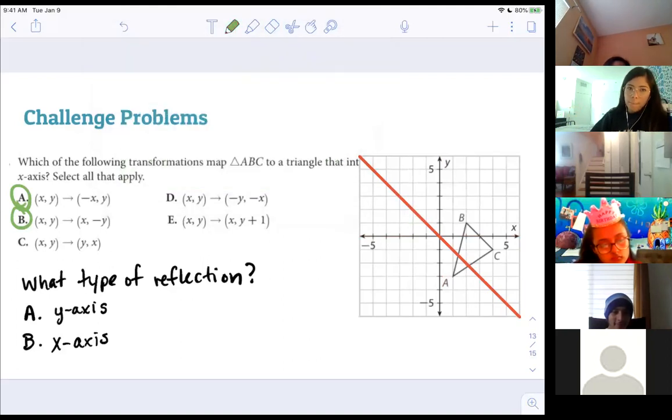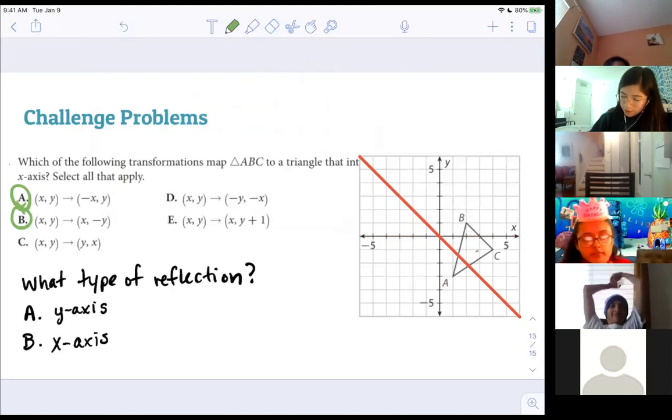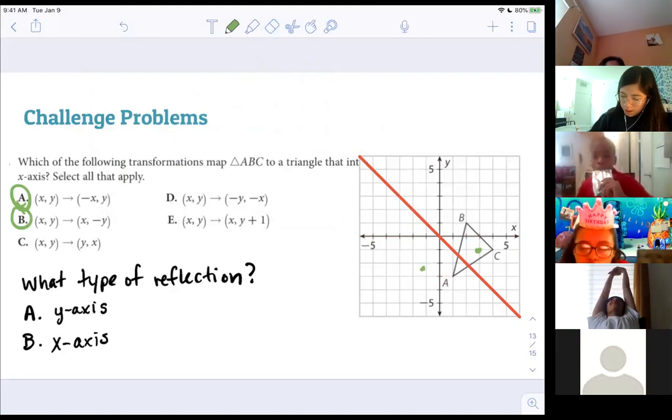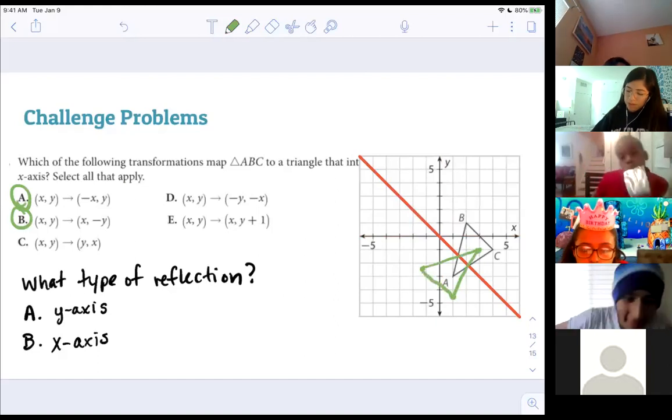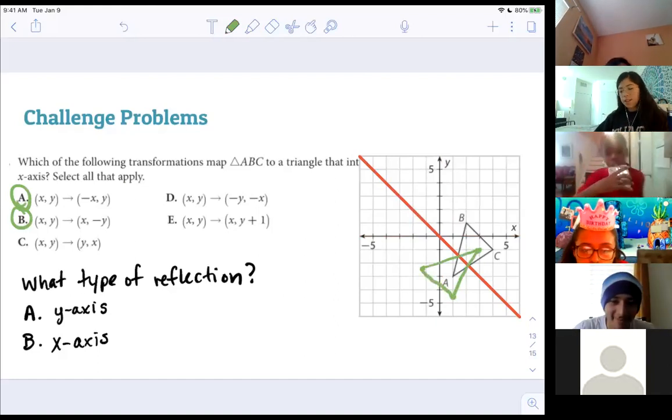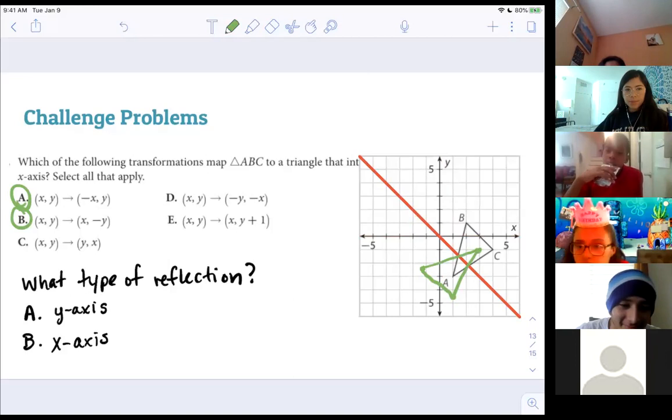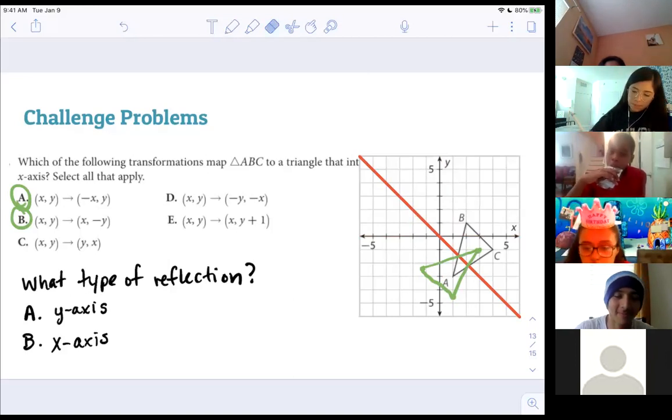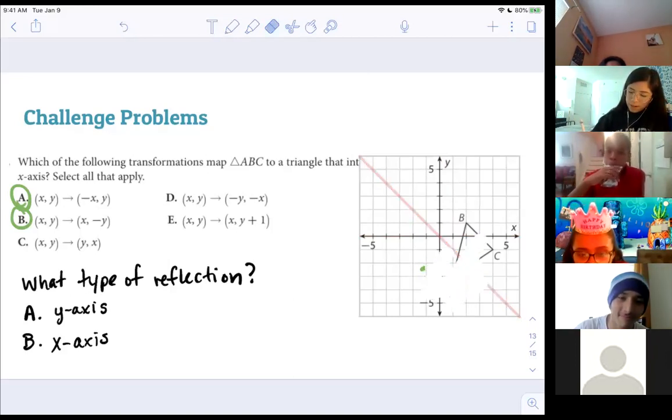I think it's gonna be on the y. Okay, let's look. So this is going to end up like over here. Something like that. And does that touch the x-axis? No. All right, last one.